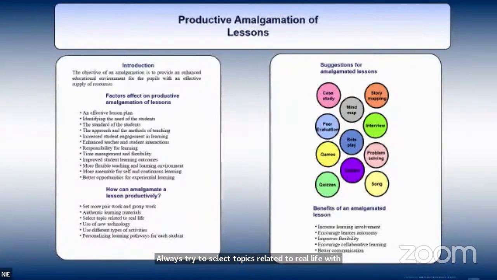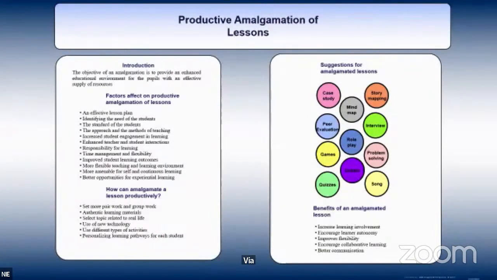Use a variety of activities. Set more pair work and group work, personalizing learning pathways for each student. And using new technology, you can fulfill your goals. Here are some suggestions for amalgamated lessons: mind maps, story mapping, case study, role play, interview, games, debates, songs, quizzes, peer evaluation.